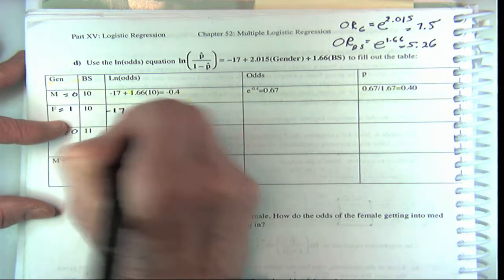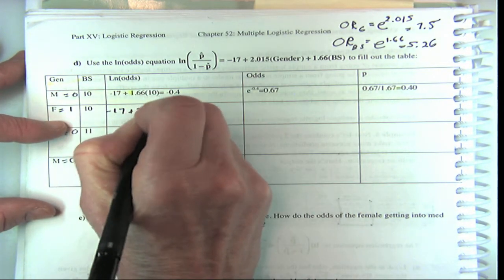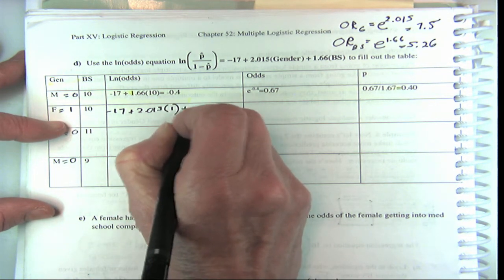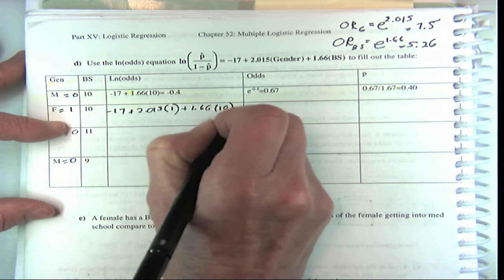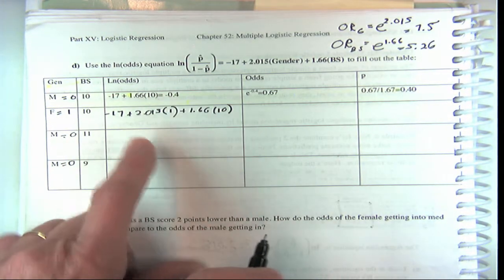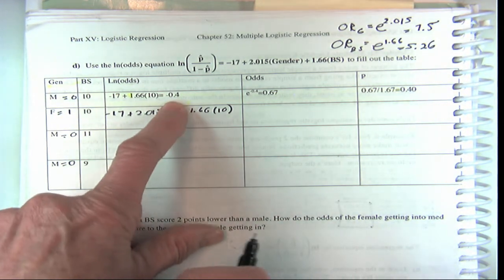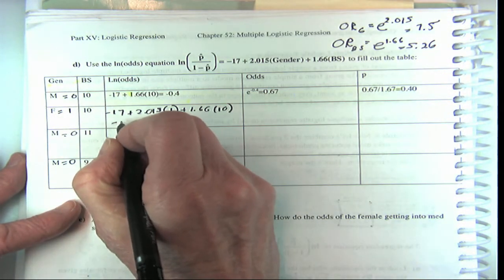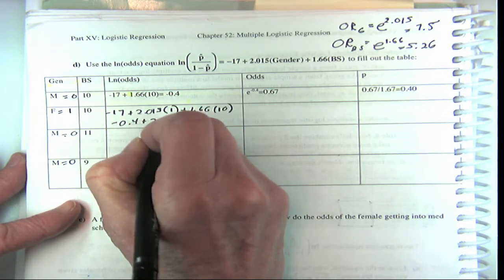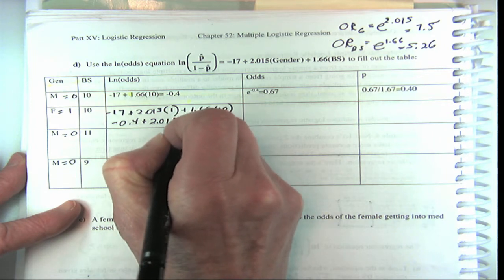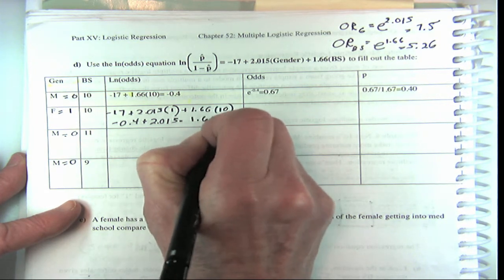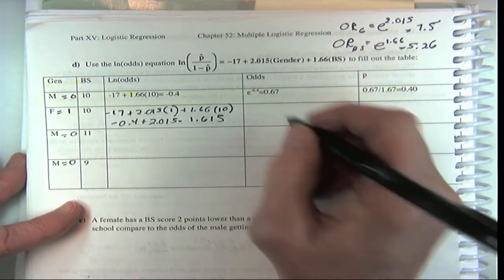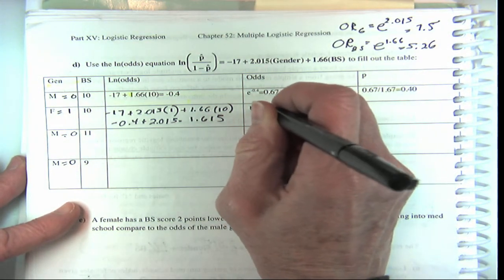So now we get negative 17 plus 2.015 times 1 plus 1.66 times 10. So we're just adding 2.015 to that. Okay? That's all we're doing. And we get 1.615. All right? And then we're going to exponentiate that.